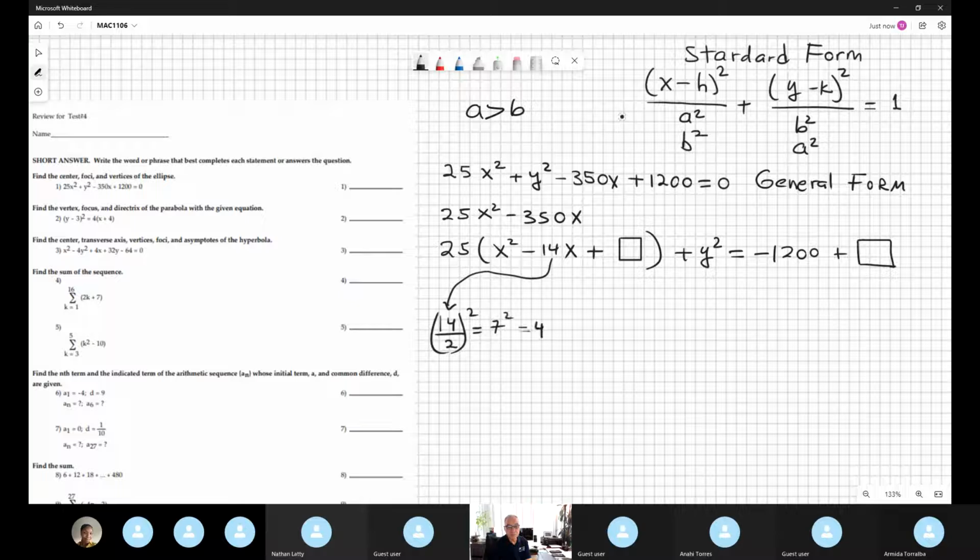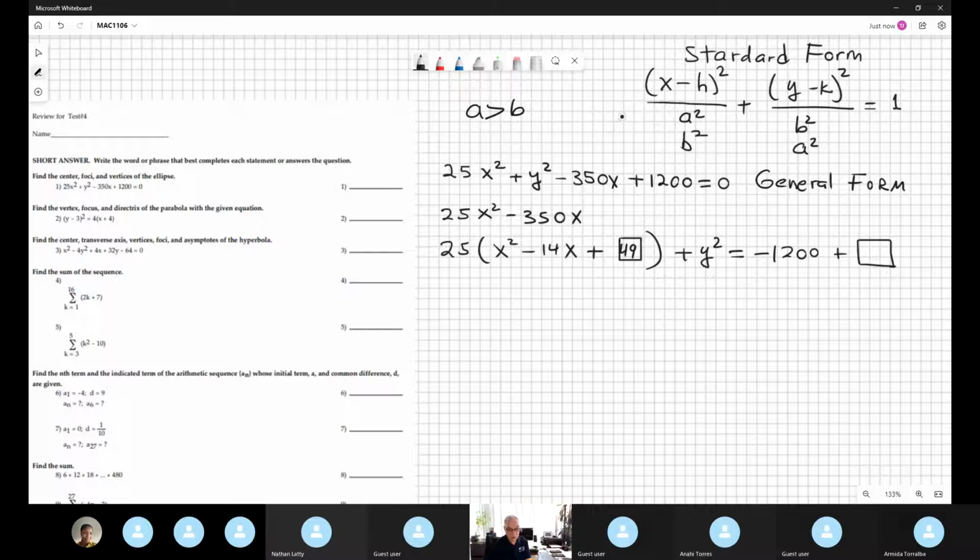That gives 49. And 49 is the magic number that I put inside this box. When you are doing this, I guarantee you 100% that our trinomial is a perfect square. You need to put another number on the right, not necessarily 49, because 49 is inside one parenthesis, multiplied by 25.